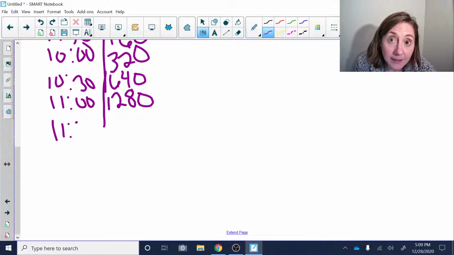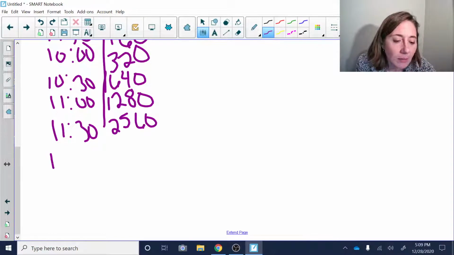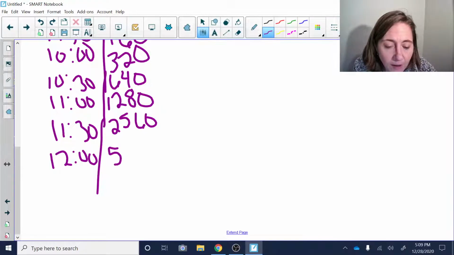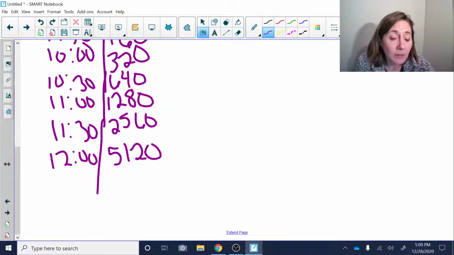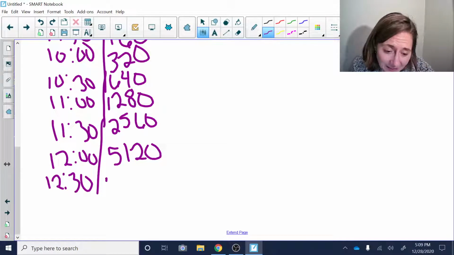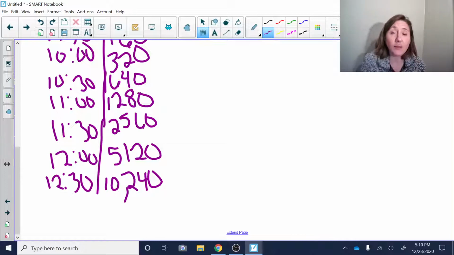At 11:30, still not lunchtime, we'd be at 2,560 germs. 12 o'clock, that would be 5,120 germs. And 12:30, when a lot of us eat, it'd be 10,240 germs on your hand from those 5 that were there.